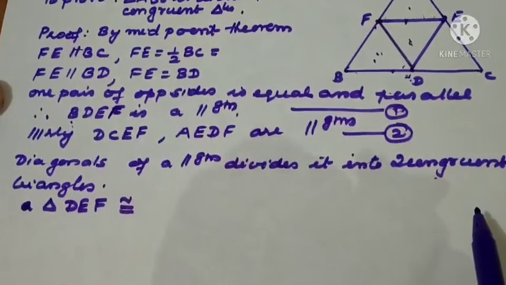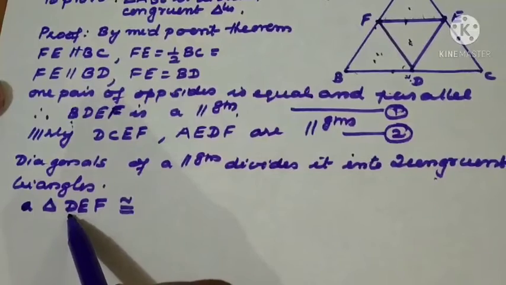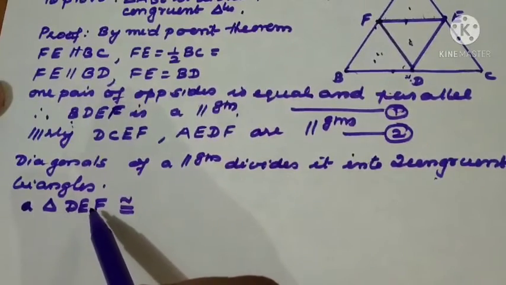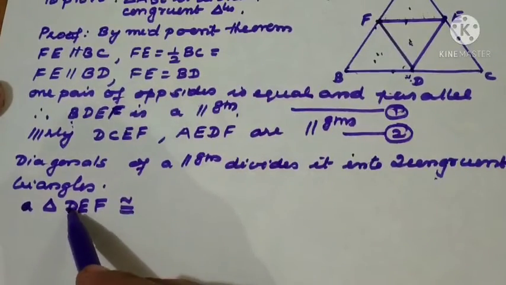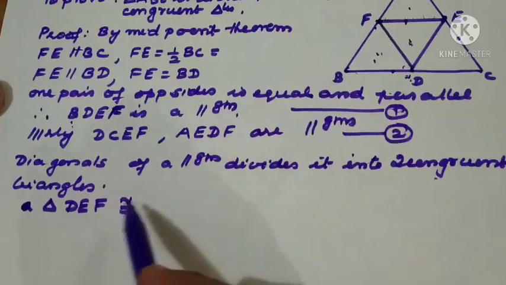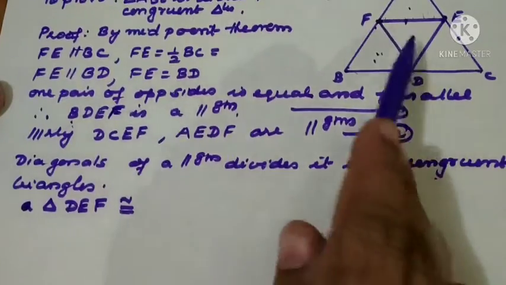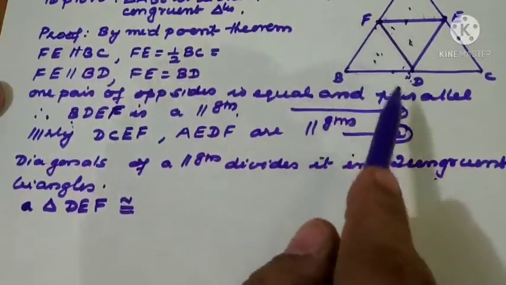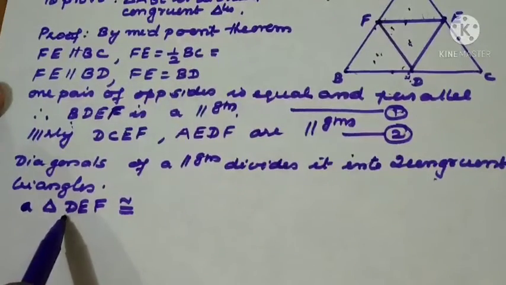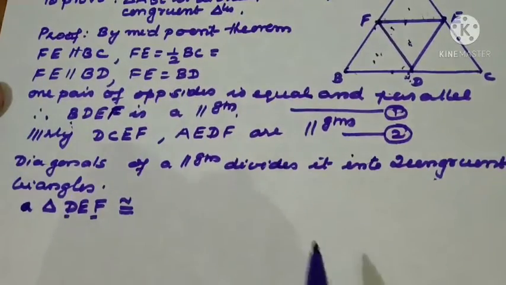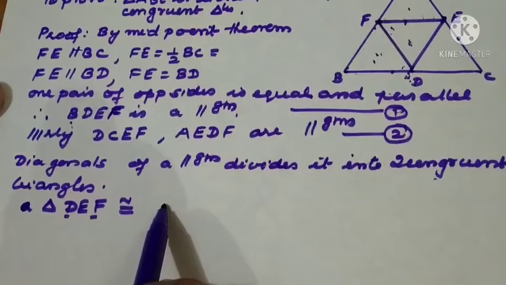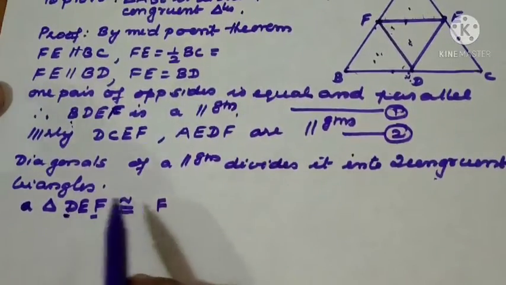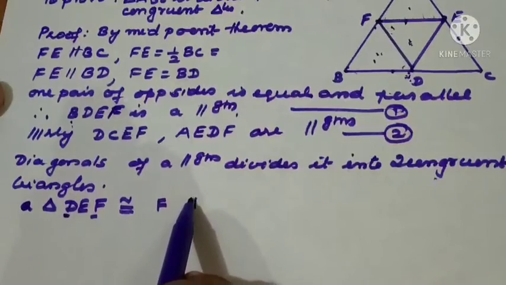Now I'll give a hint for you, because DF is the diagonal there. Remember this, children, DF is the diagonal. That will be for us, because it's the alternate interior angle concept we are using. So these letters will interchange. That means in place of D it will be F, in place of F it will be D.